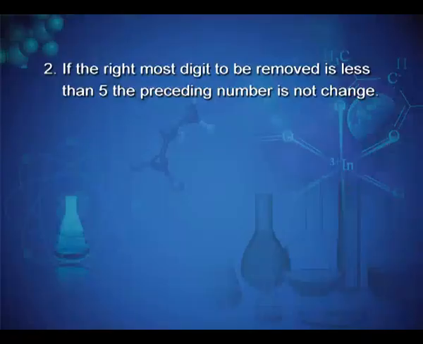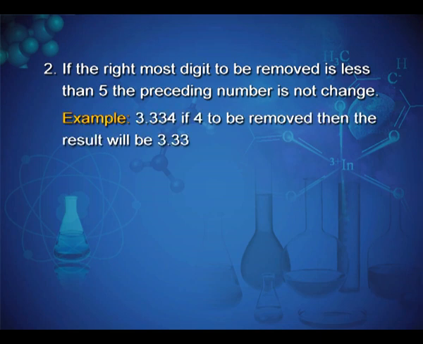Second, if the rightmost digit to be removed is less than 5, the preceding number is not changed. Example, 3.334. If 4 is to be removed, then the result will be 3.33.